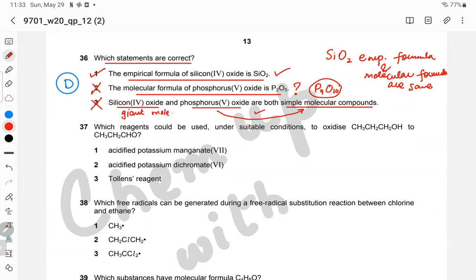You have always studied since O levels that SiO2 is giant molecular, with the example of diamond and graphite. There are only three giant molecular substances: silicon 4 oxide, diamond, and graphite. Is it clear, Alicia and Tisha?